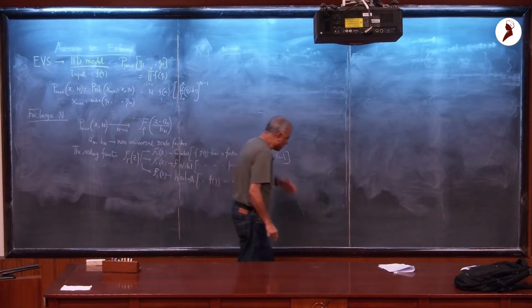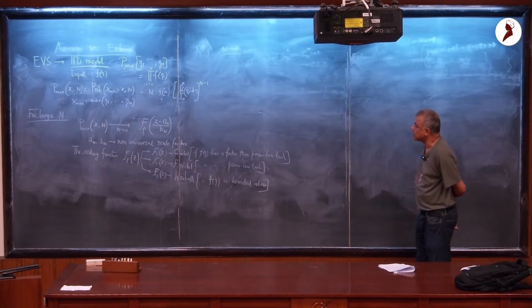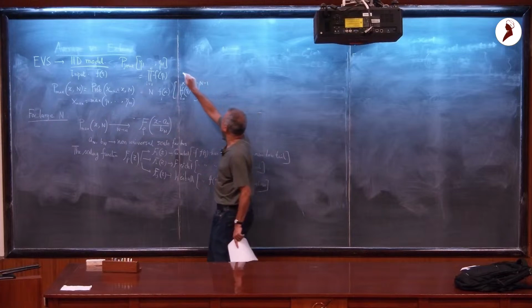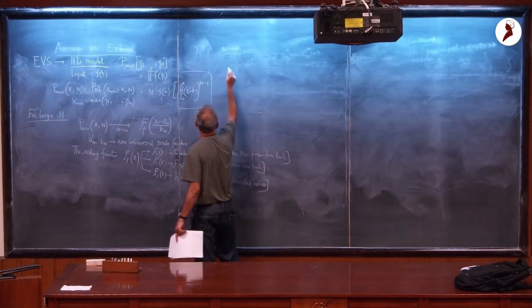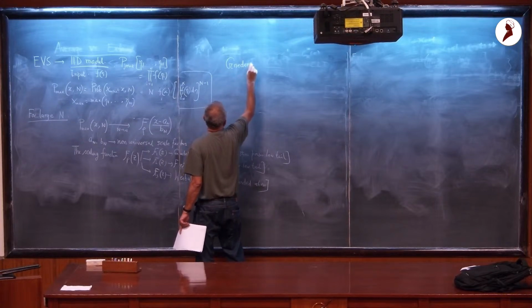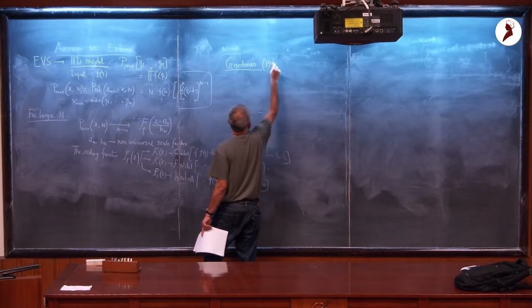Okay. So the question is, are there other classes, or is it only these three? Here I will not, of course, prove it, but it was actually proved by the mathematician Gnedenko in 1943, long back.